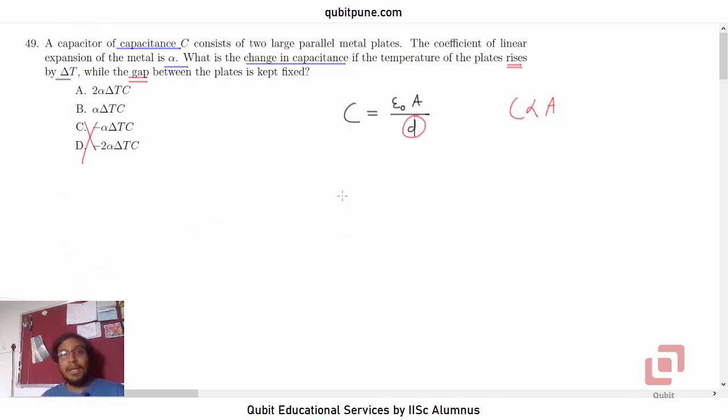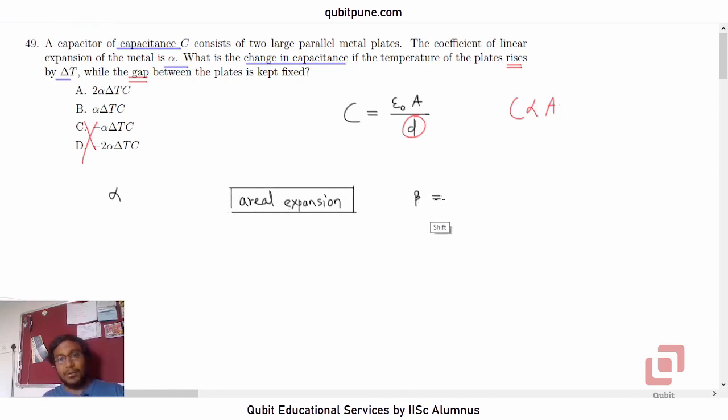Now they have given us the coefficient of linear expansion, but in this case we have to consider the coefficient of areal expansion. So what is the coefficient here? That coefficient is beta, let's say.